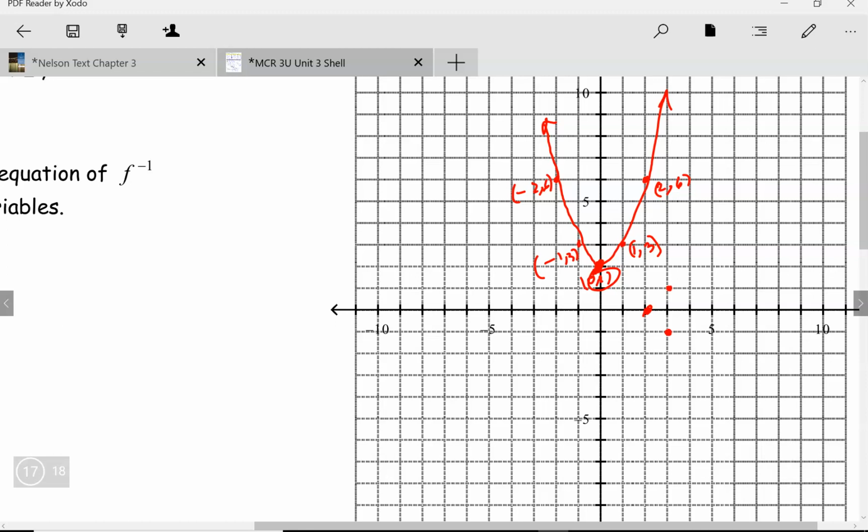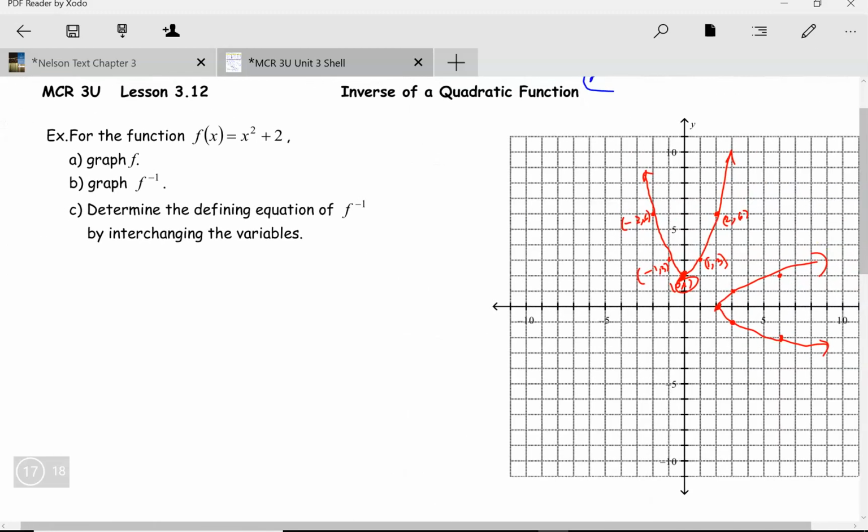We also have (6, 2) and (6, -2). So here is our inverse function, nice and easy. This is f of x. This is f inverse of x. Remember to label the stuff, and you should probably put points around there too.